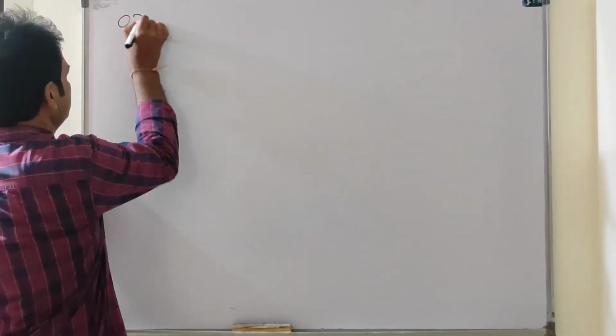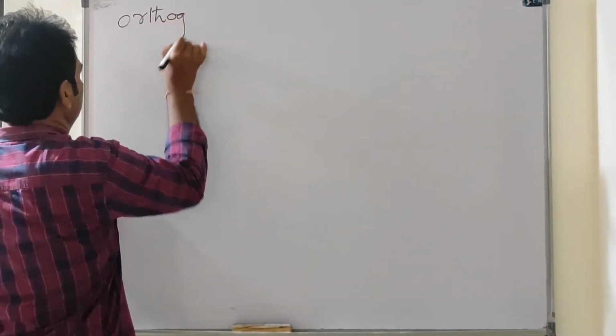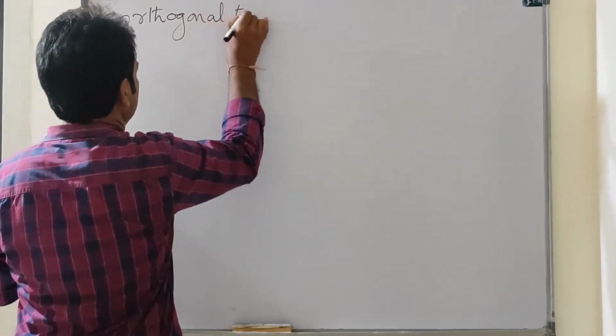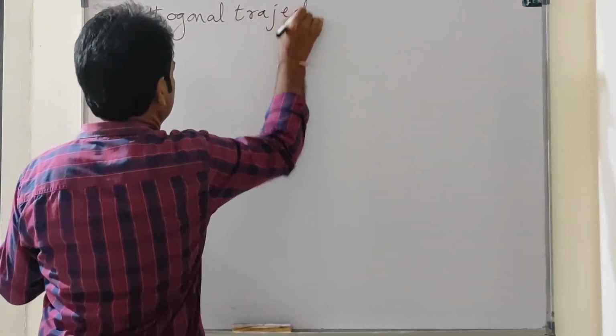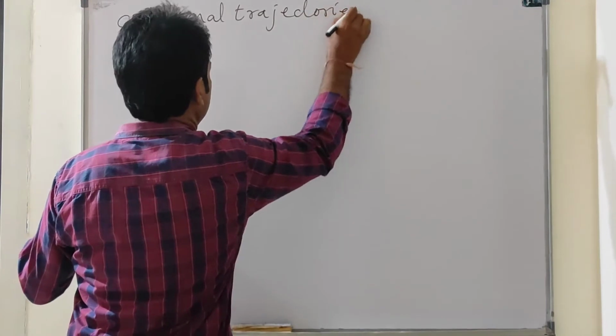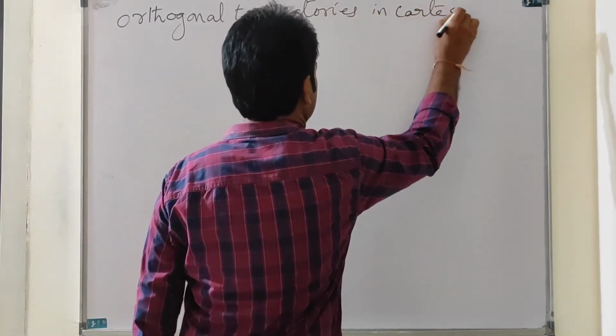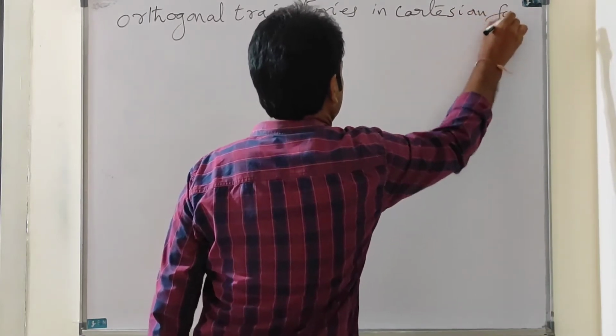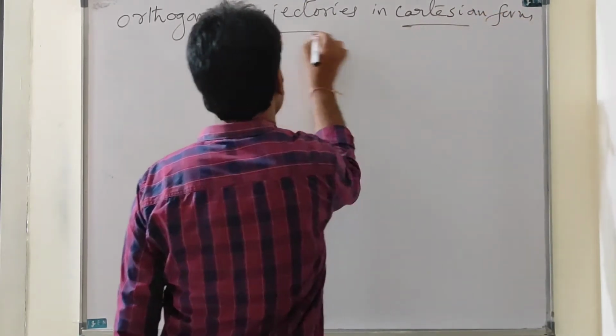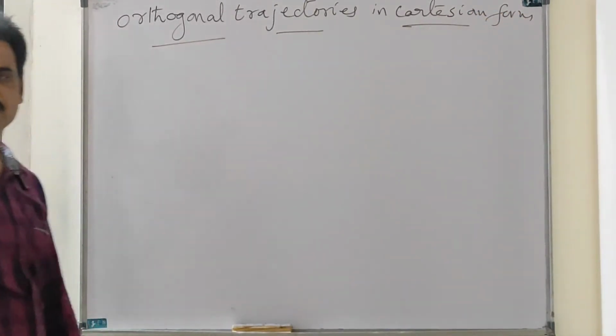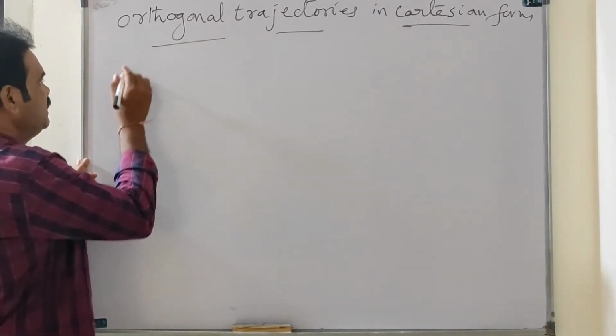Now, how to find orthogonal trajectories of a given family of curves? Orthogonal trajectories in Cartesian form. See the working rule.